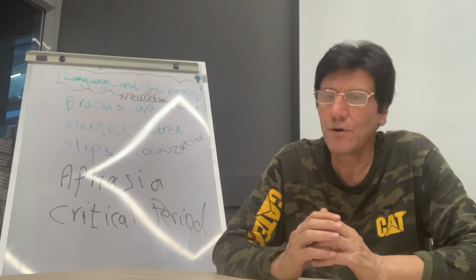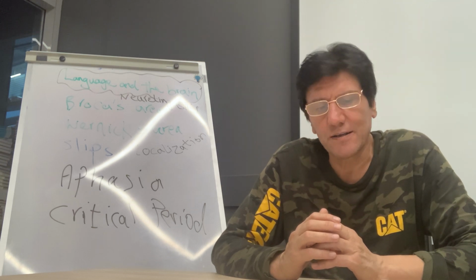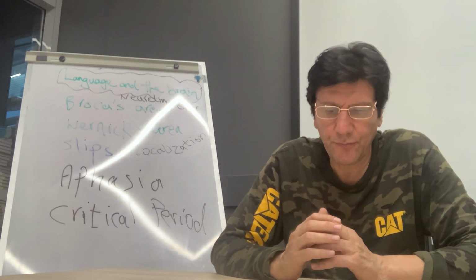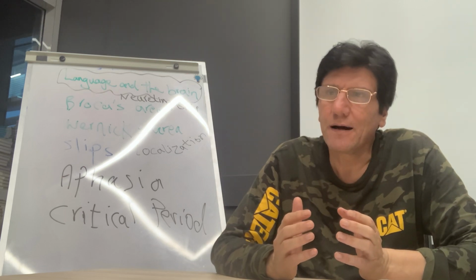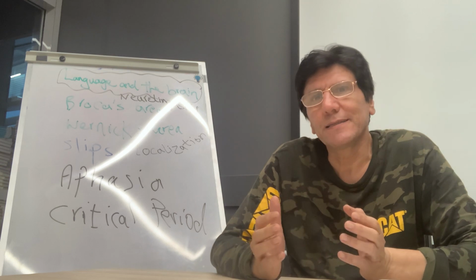The next important topic in neurolinguistics, or the relationship between language and the brain, is the localization view. What is the localization view? The word might be unfamiliar to you, but I will make it easy to understand.